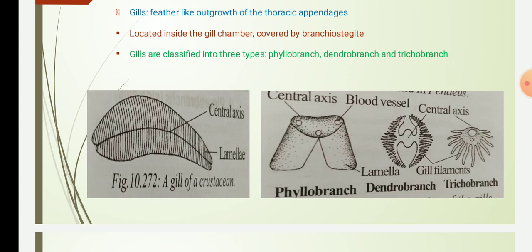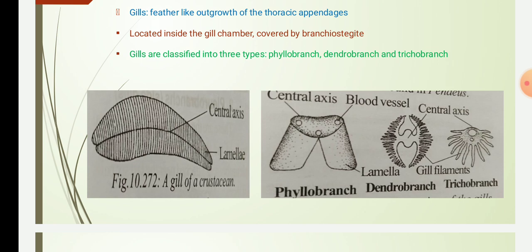The third one is Trichobranchiate, another type of gill in which the lamellae are in the form of large gill filaments, arranged on three sides. This type of gill is found in Astacus.